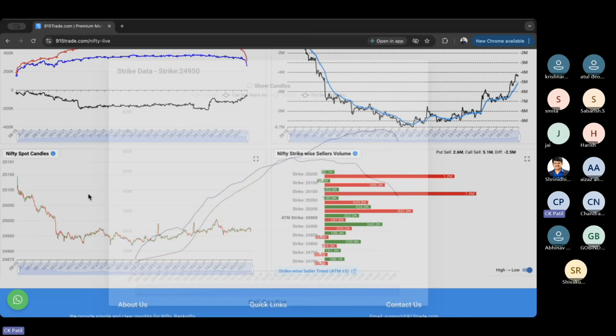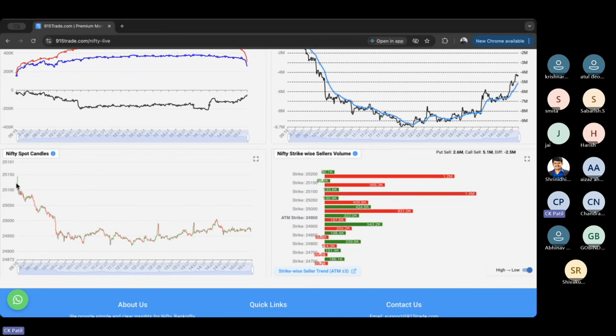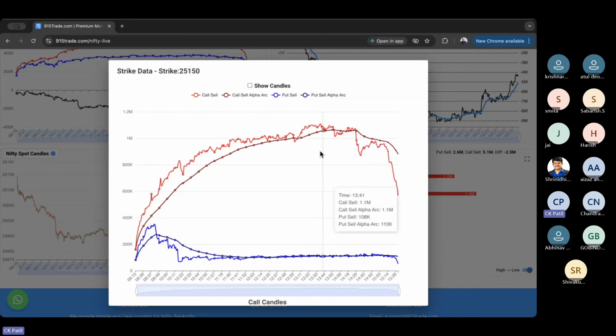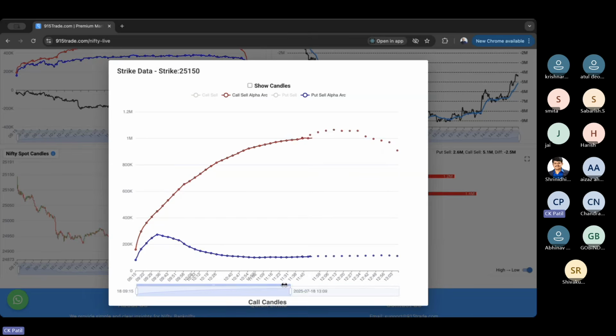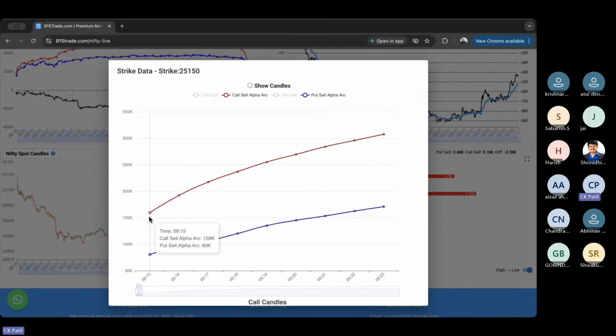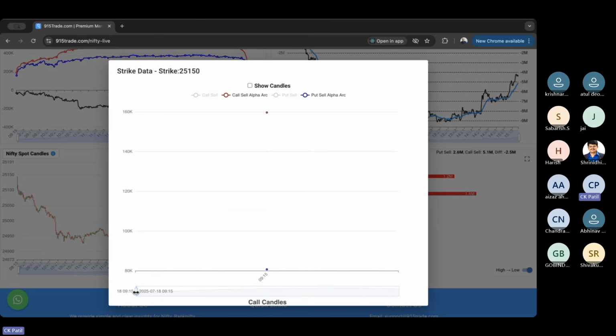And if you are a seller, let's say in the morning, 25,150 it started, leave one candle out, then you have got 25,100. But I'm analyzing 25,150 because it basically is right above and price was somewhere there as well. If I remove these two, first thing in the morning, calls were stronger, actually decent.